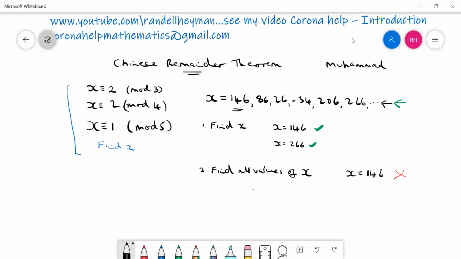So what I would look for here is something like x is equivalent to 26 modulo 60. Or you could write x is equivalent to, pick a number, I don't know, 266 modulo 60.